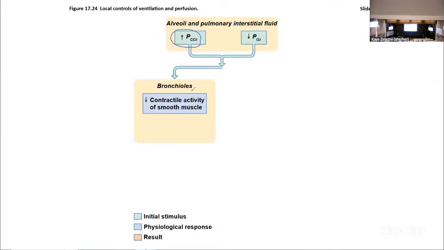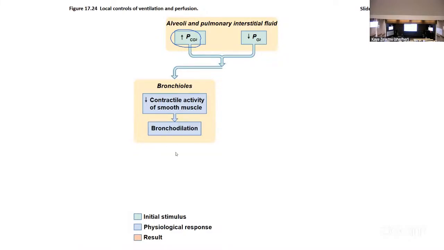We'd see in response a decrease in the contractile activity of our smooth muscle in the bronchioles, aka we are bronchodilating. We're loosening up the walls of those bronchioles, stretching them out, lowering our resistance as a result, because we're trying to get rid of this excess carbon dioxide, really important to us. Okay. So this lowered resistance is going to increase our ventilation ideally here. So try and fix this from the breathing side.